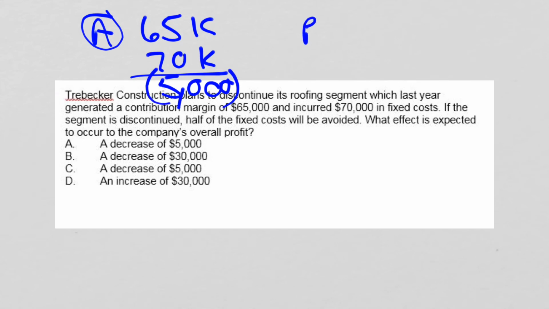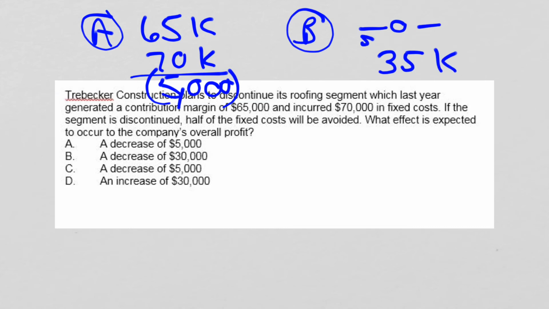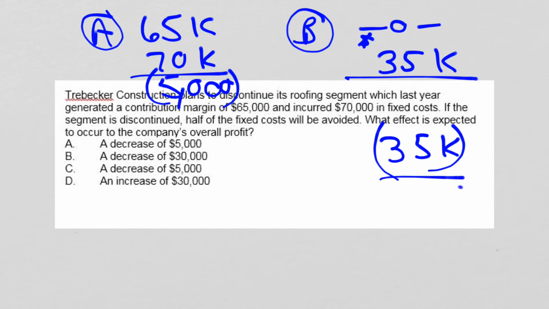Decision B is we'll have 0 contribution margin because we're going to get rid of that. But then we'll have a $35K fixed unavoidable cost. So our bottom line will no longer be a $5,000 loss. It'll be a $35K loss altogether.